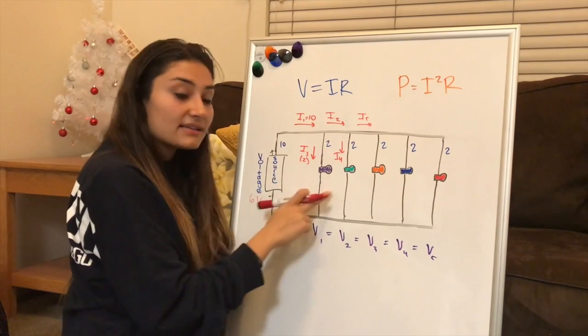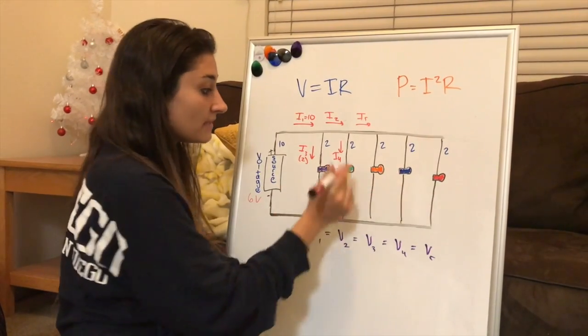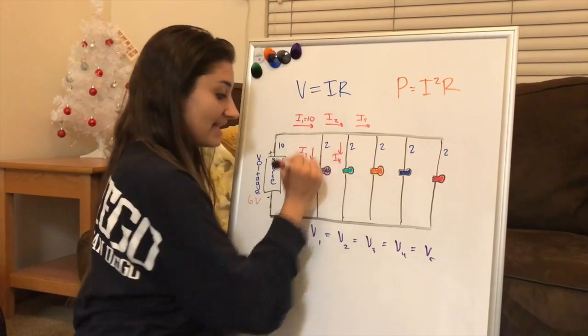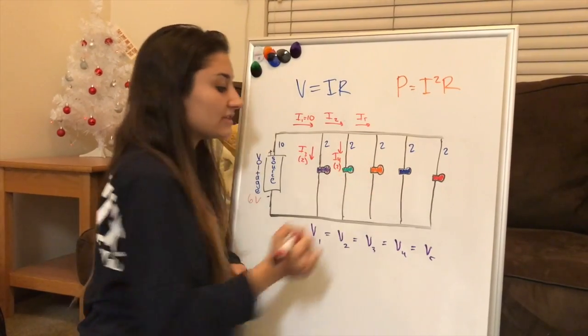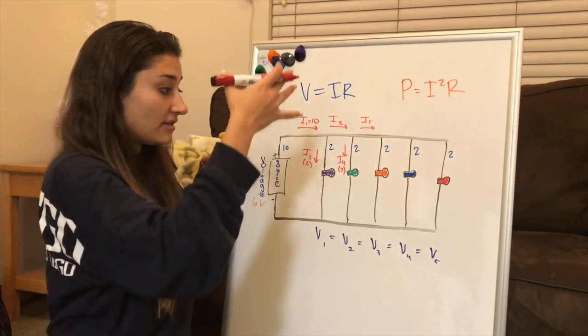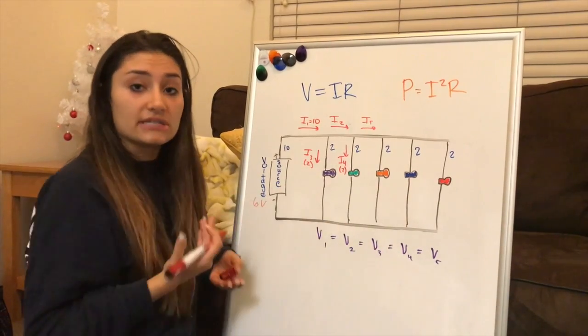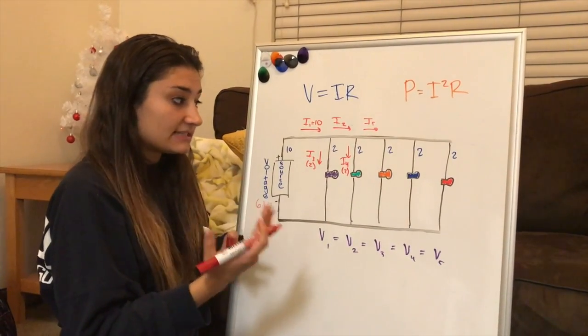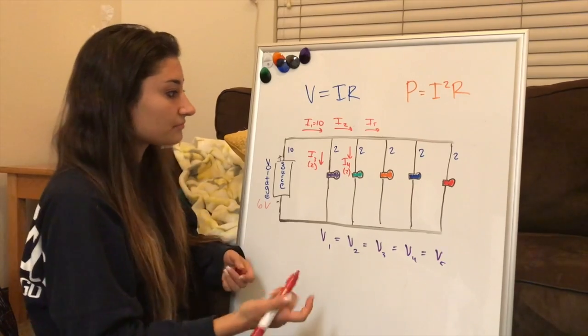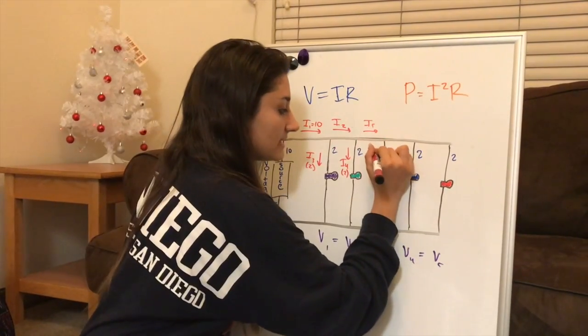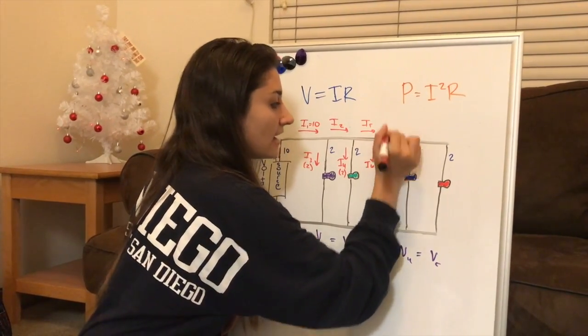Now we know that because each bulb has the same resistance, this I4 has to be the same as this one. So ultimately the resistors are the doors allowing the positive particles to come through. Because they're the same resistance, they have to have the same number of particles coming through. So I5 is going to be split into I6, I7.